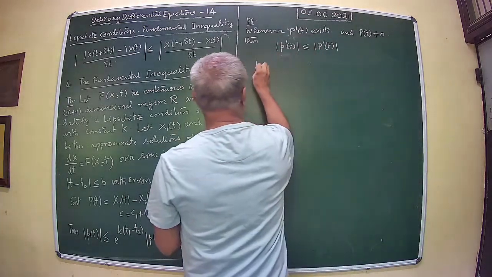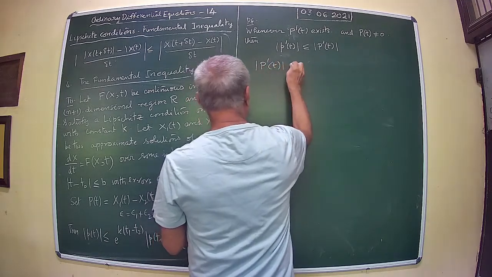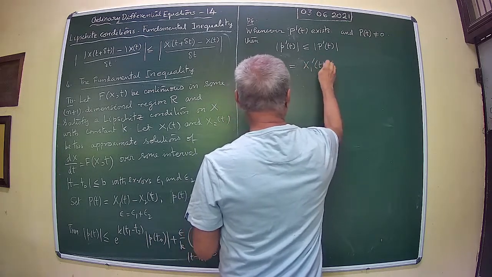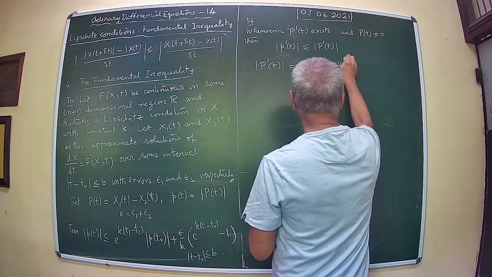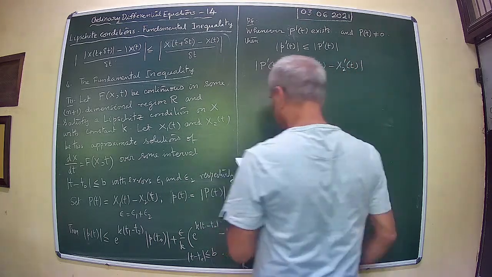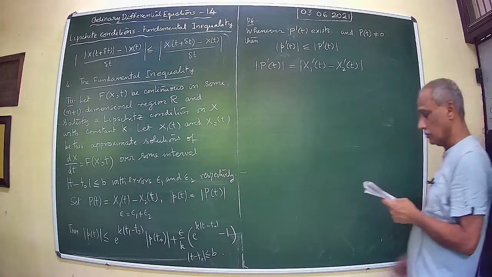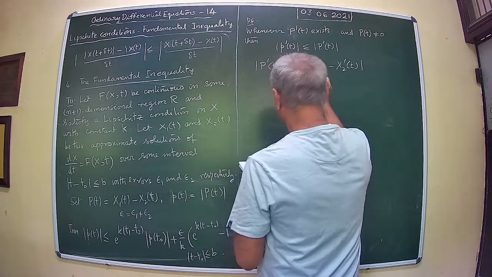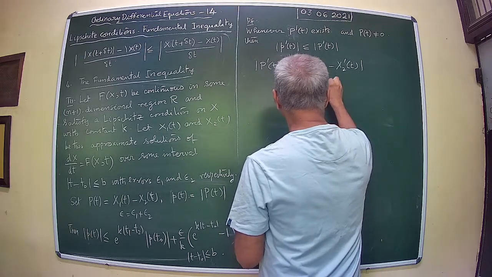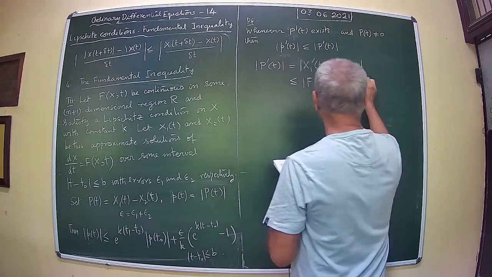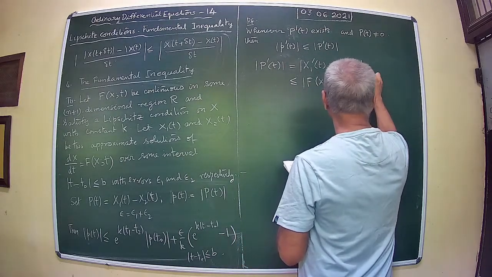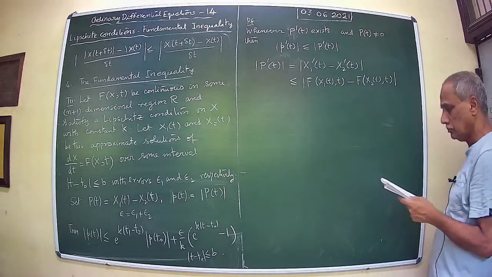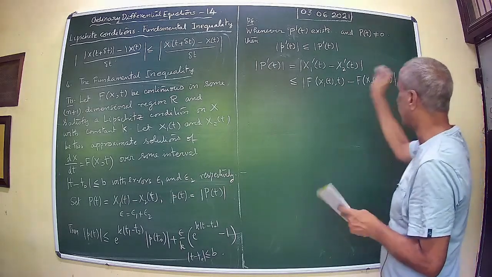Now you see, this is less than or equal to this one, which is less than or equal to, plus epsilon. Now this is the same estimate.